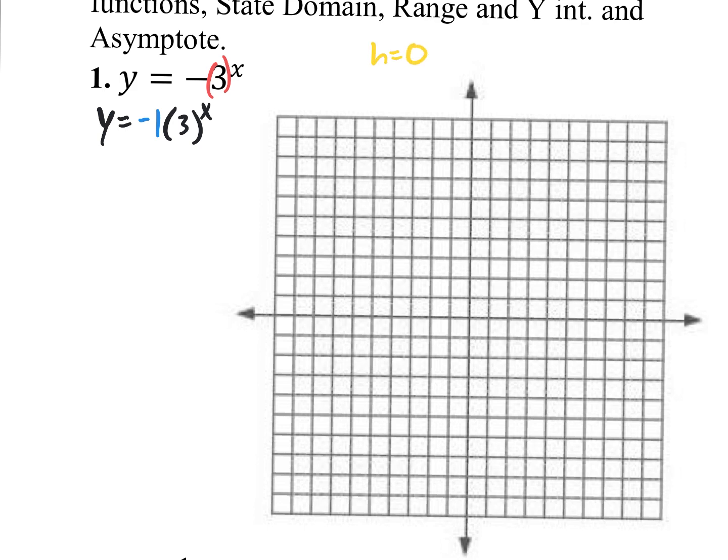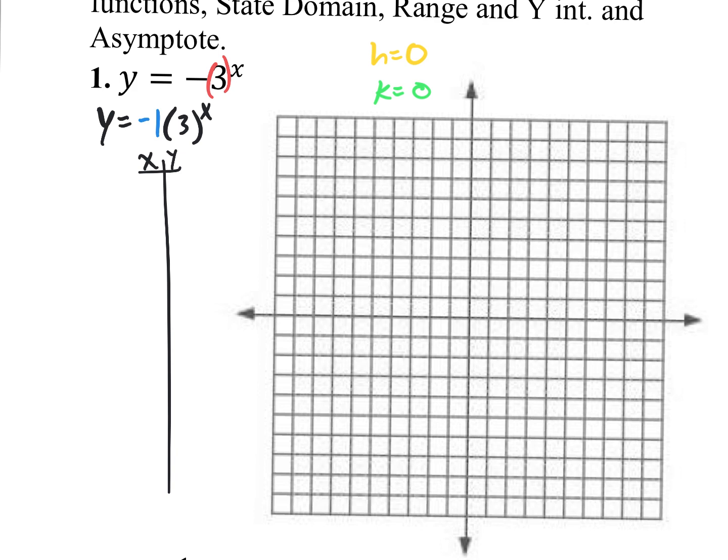Is there a K value? No. So they're both zeros. That means we're not going to shift anywhere. We identified them, we ignore them, but there's nothing to ignore because they're not even there. That means that this XY table will actually be coordinates of our final graph. We're not going to have to shift anywhere because we don't have an H or a K. We never have H's in Algebra 1. But we're not going to have to shift up or down.